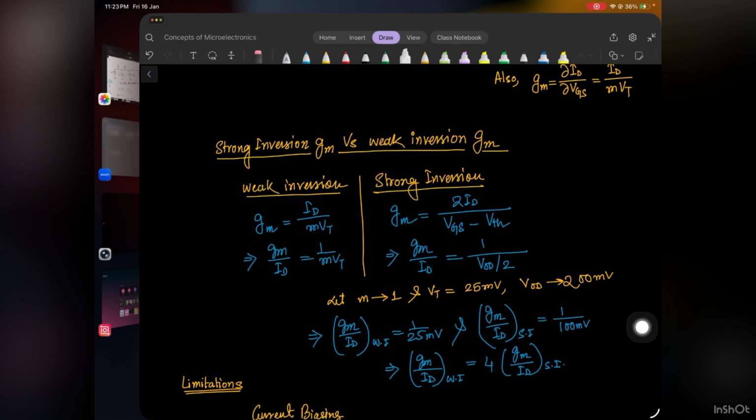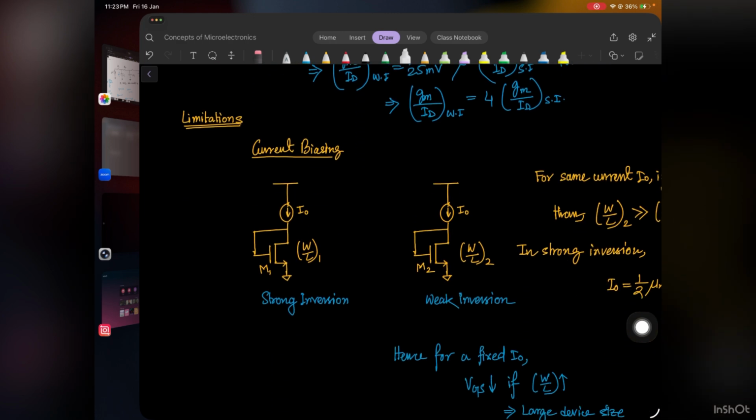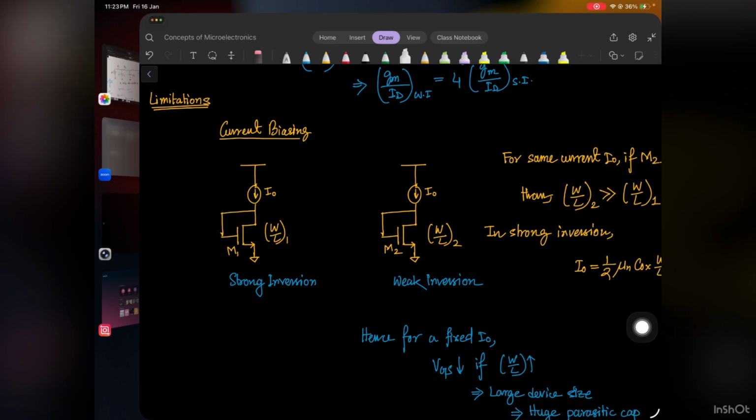But there are some limitations. What are they? Let's say we have two situations. Here I have biased this transistor using the current source I0. This is in strong inversion, let's say. And this transistor M2 I have biased with the same current I0, and it is in weak inversion.